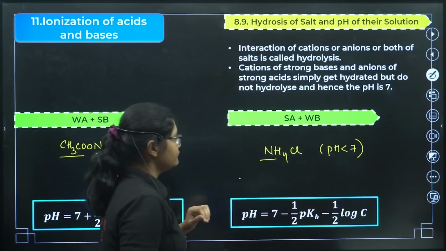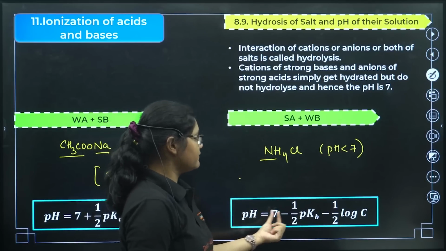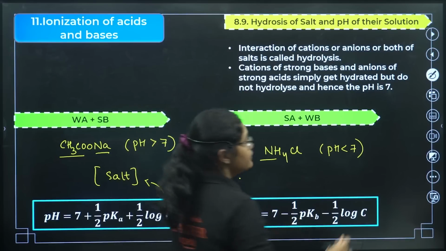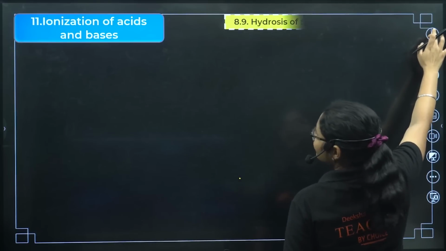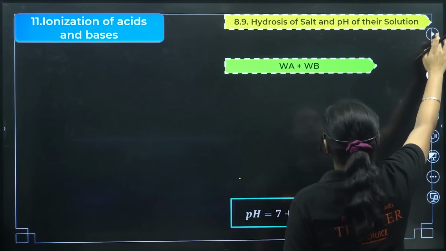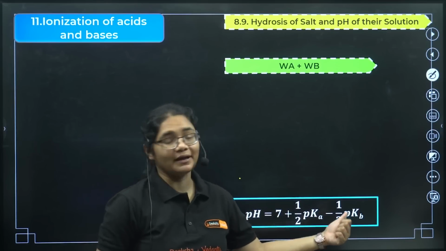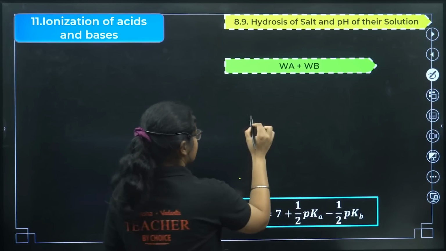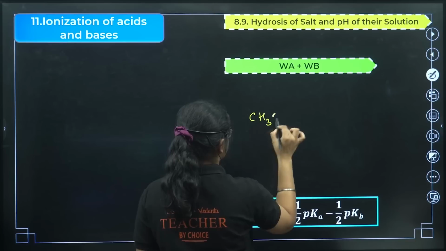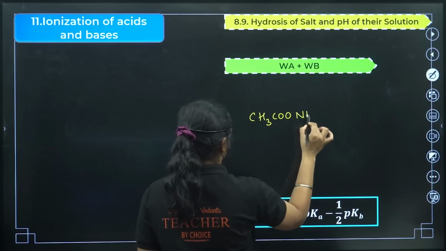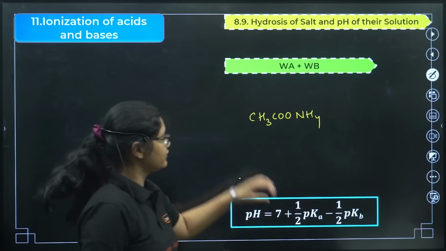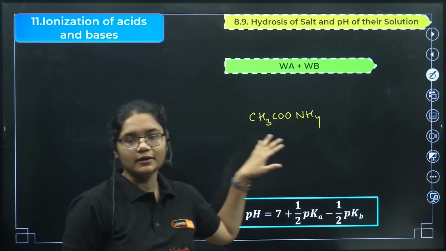So you will have 7 minus half pKb minus half log C. Now for a weak acid and a weak base, the pH value is 7 plus half pKa minus half pKb. Here I can take an example of CH3COONH4. You see, this is a weak acid and this is a weak base.